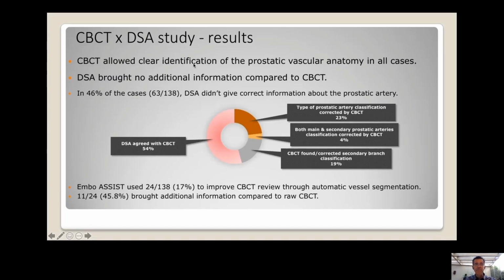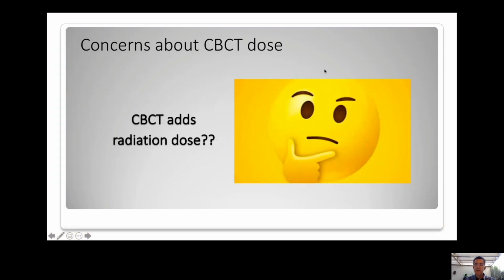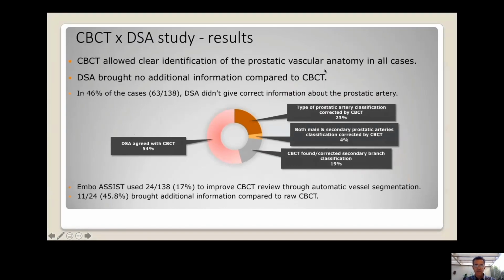So the important information that we got here was that Carnevale CT allowed clear identification of the prostatic vascular anatomy in all cases. Also, DSA brought no additional information when we compared the two to Carnevale CT.